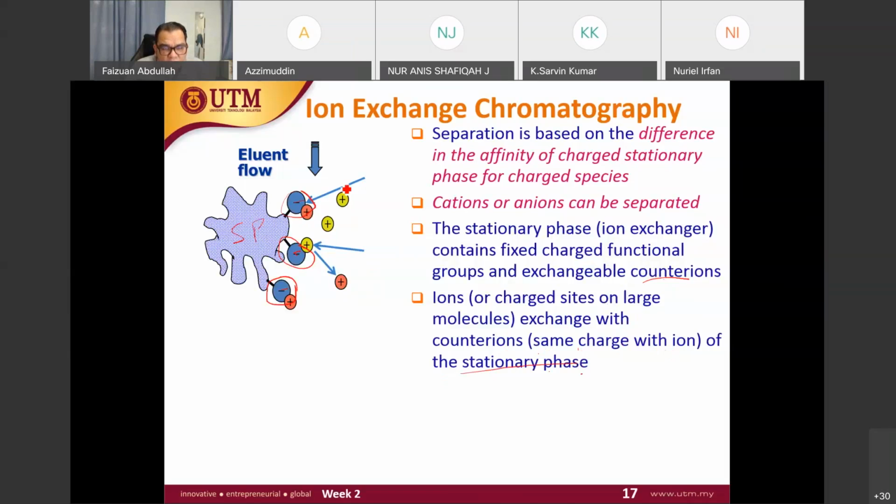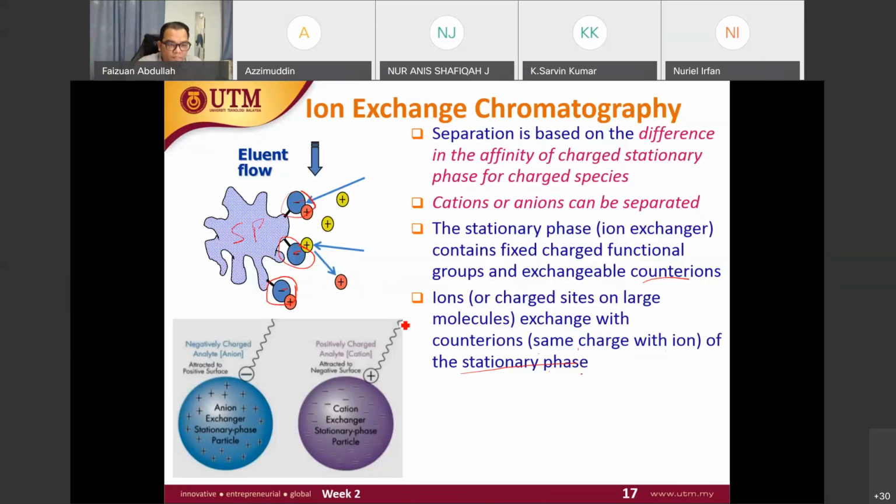So the analyte that has the opposite charge to the surface of the ion exchange stationary phase will attach, and then it will be exchanged with the counter ion of the same charge as the ion of the stationary phase.